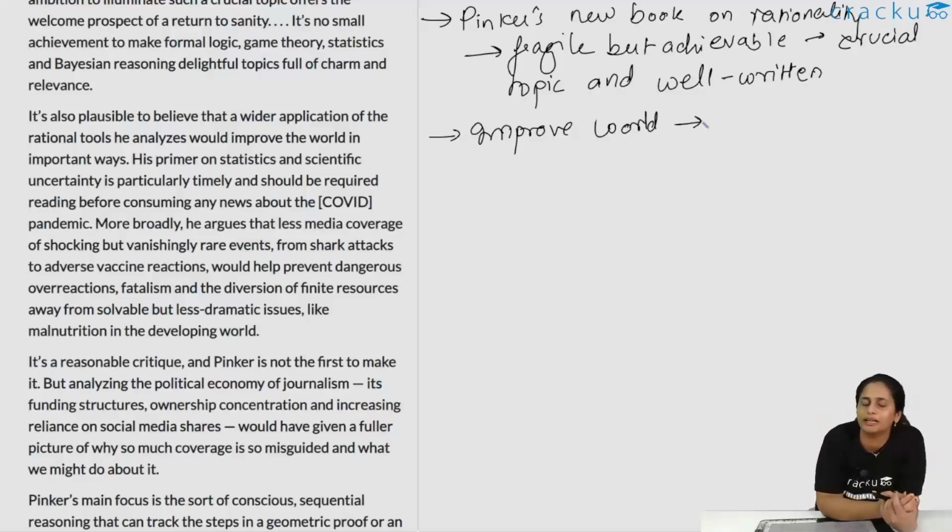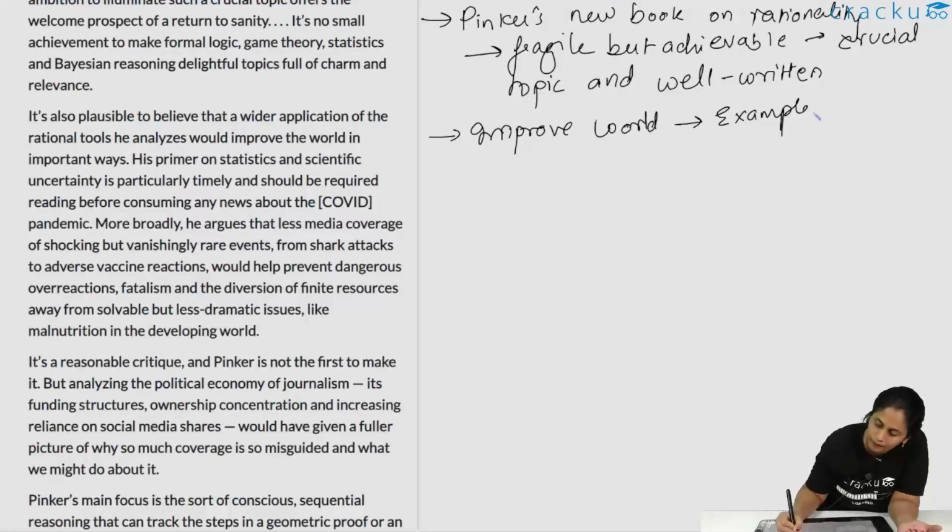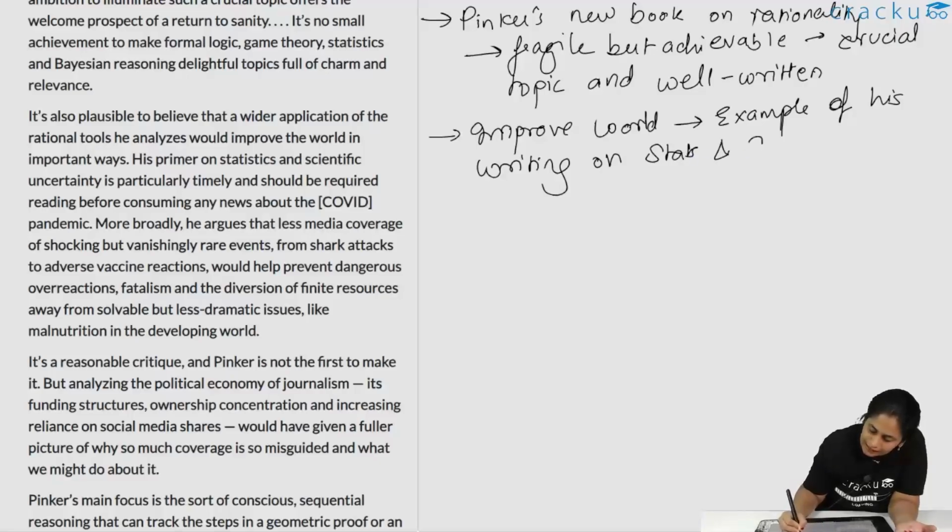The author says Pinker's work around these two topics is so important that it should be required reading, particularly in these times when people are clearly failing to understand these basic concepts. So the author gives the example of his writing on statistics and scientific uncertainty. He calls them required reading.